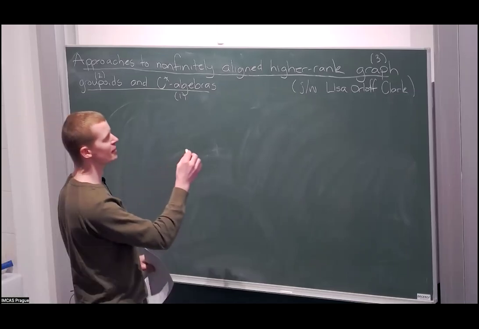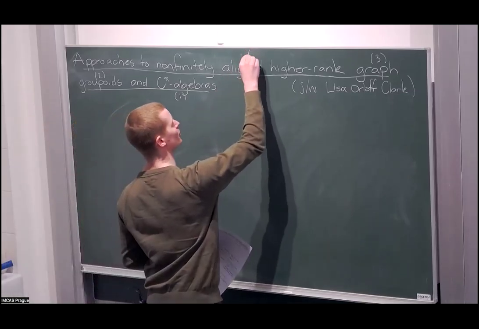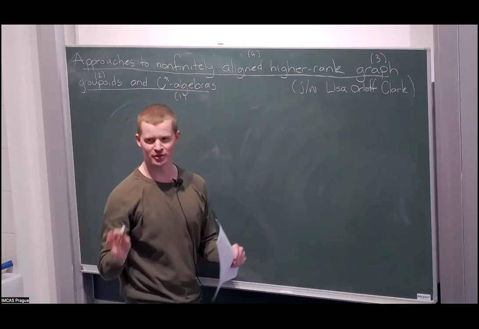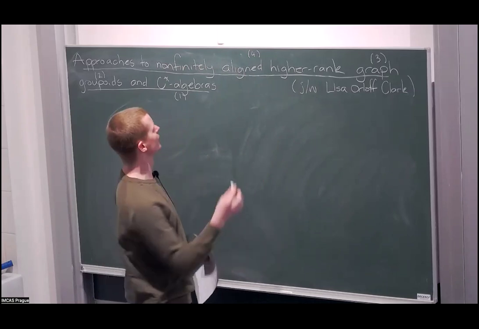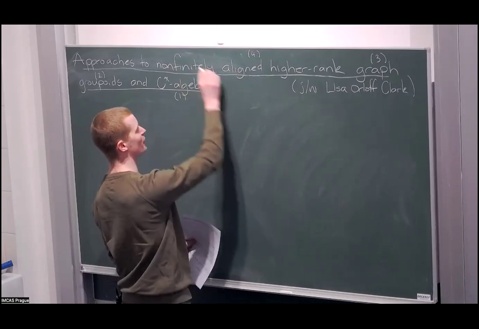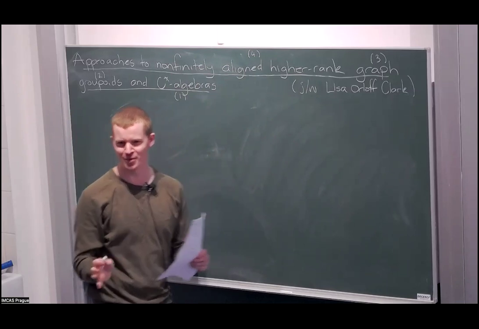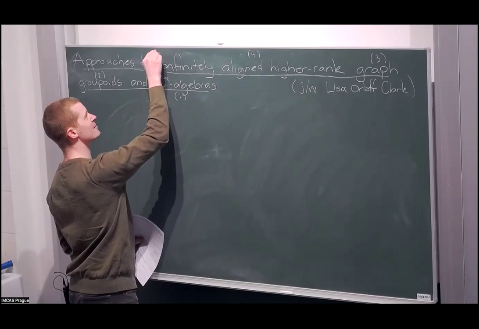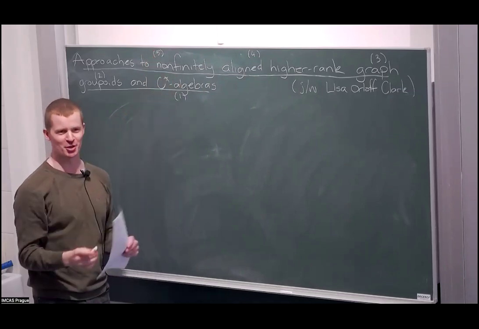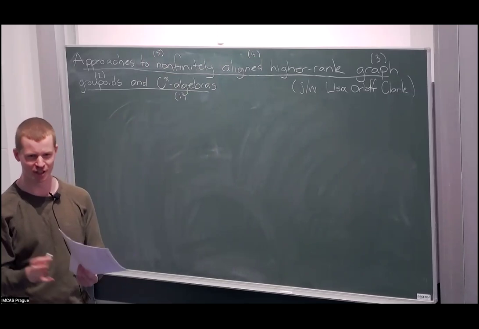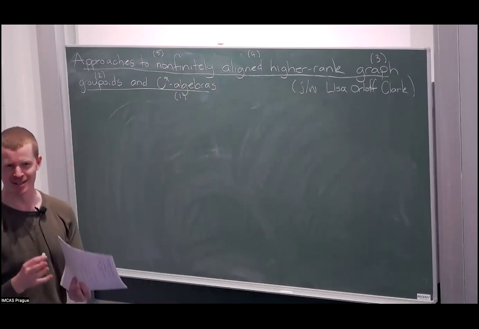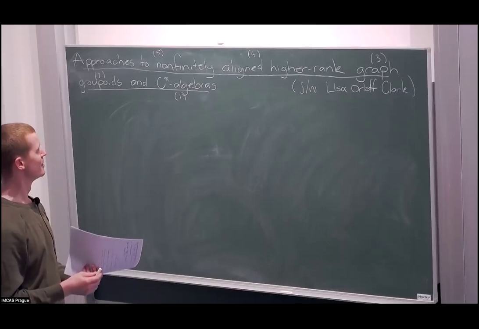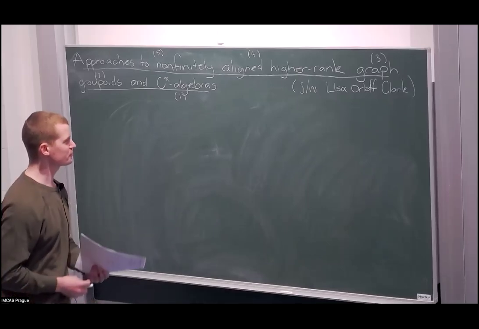And then four will be what happens when we have this higher dimensional version of a directed graph called a higher rank graph, particularly in the finitely aligned case, some finiteness condition that makes them easier to handle. And then right at the end is the non-finitely aligned part, because the non-finitely aligned graphs are really badly behaved, and that's what I spend most of my time grappling with. So that's the rough plan.